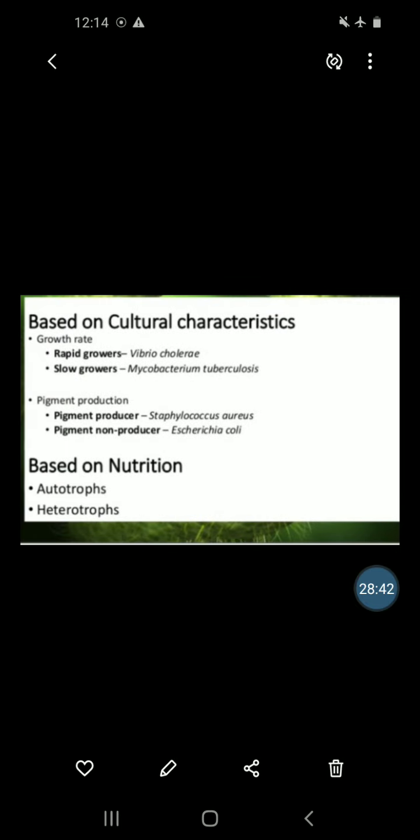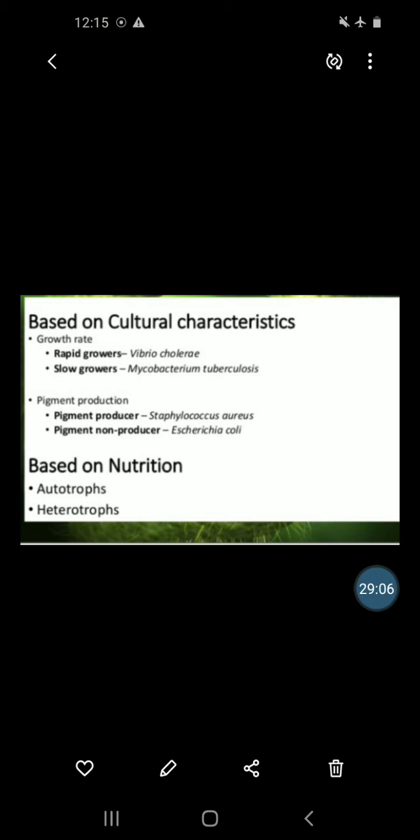Then classification based upon cultural characteristics. First, growth rate. Rapid grower, for example Vibrio cholerae, and slow grower, for example Mycobacterium tuberculosis. Next, pigment production.